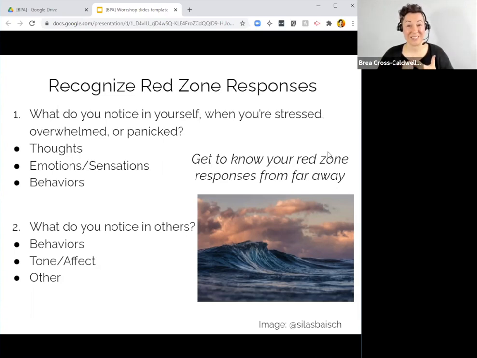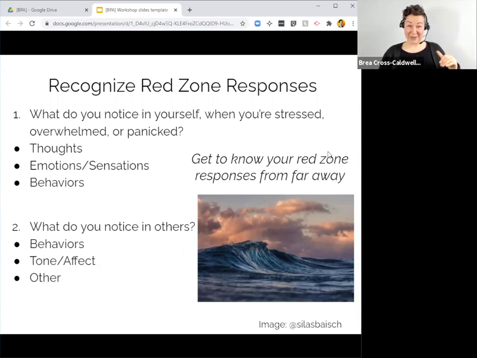Or you might notice this freeze response, which really is like a stuck in place, deer in headlights kind of feeling, where you don't feel like you can flee and you don't feel like you can fight and you're not sure what else to do. And this is in an animal, this is where they play dead. So you might be able to categorize your behavior as one of those three things.